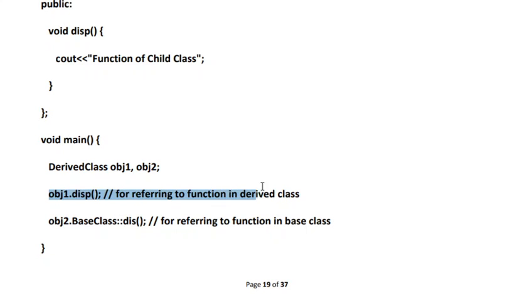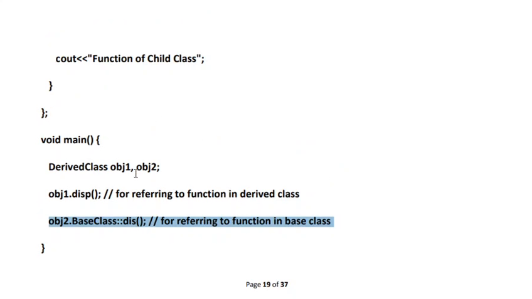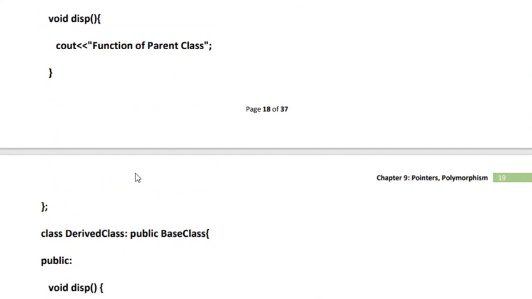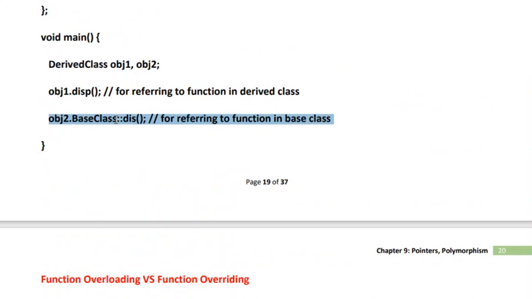Here it will refer to the display function of the derived class, and here I've used the scope resolution operator in order to refer to the display function of the base class. Here it is misspelled, it is DISP. So I'm using the scope resolution operator in order to access the display function of the base class using the object of the derived class.